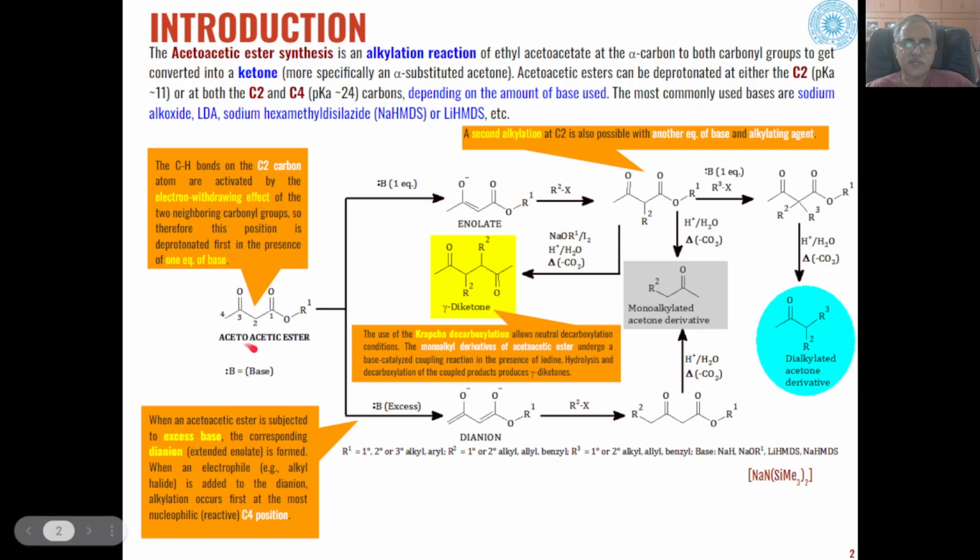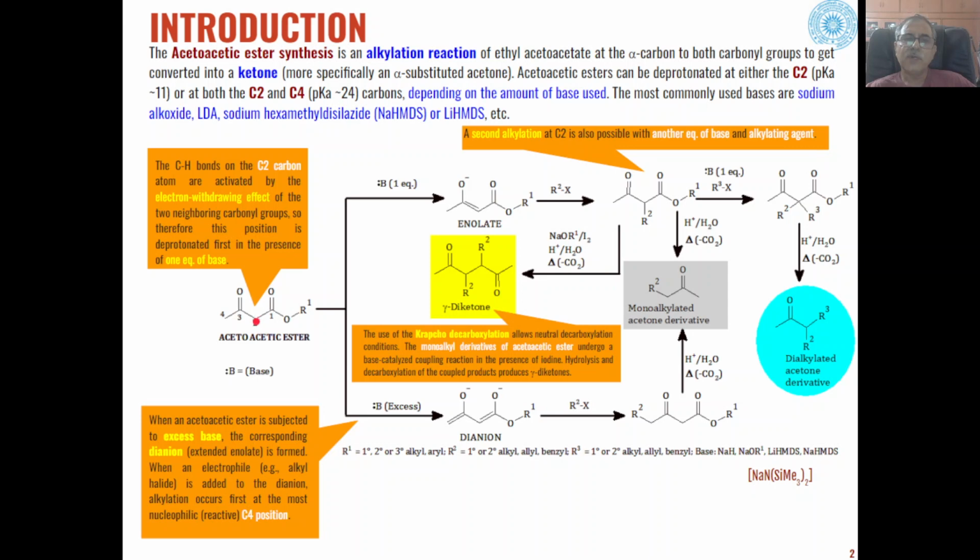So basically, the CH bonds on the C2 carbon are more activated because of the presence of these two electron withdrawing groups, that is, the carbonyl groups which are attached.